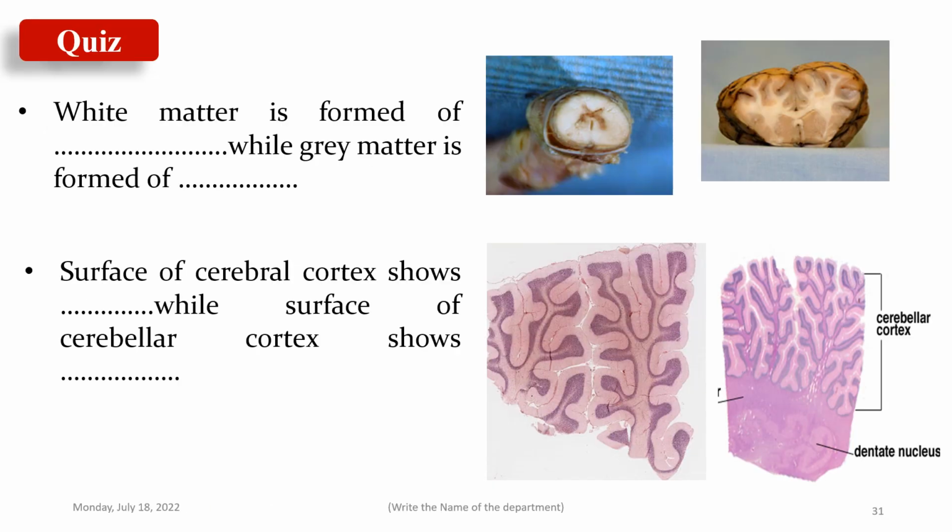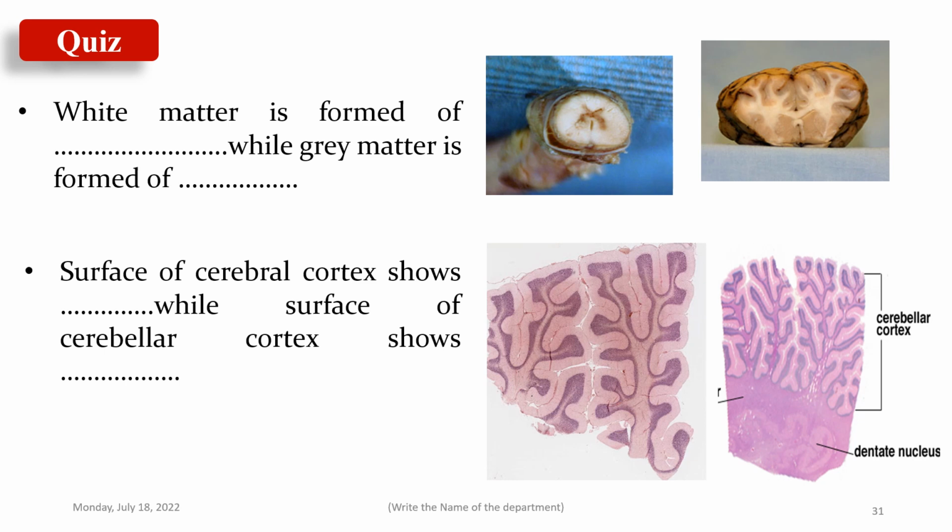Question number 2. White matter is formed of what, while gray matter is formed of what? White matter is formed of fibers or tracts. Excellent. While gray matter is formed of nuclei, or cells, neurons.